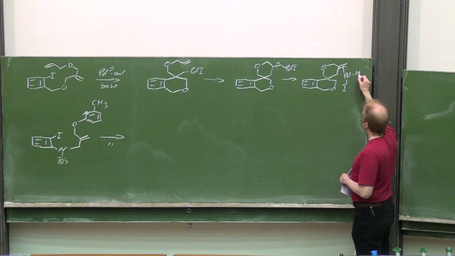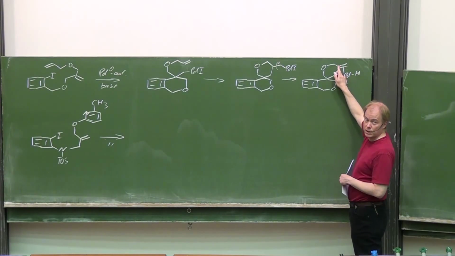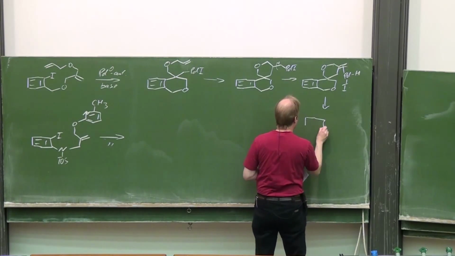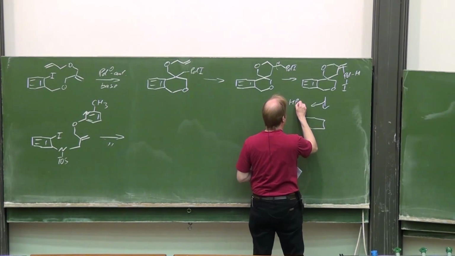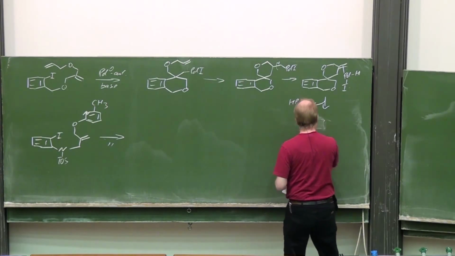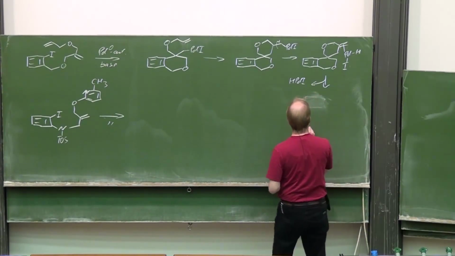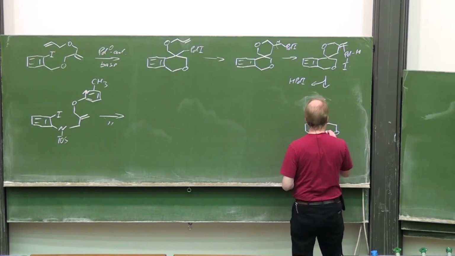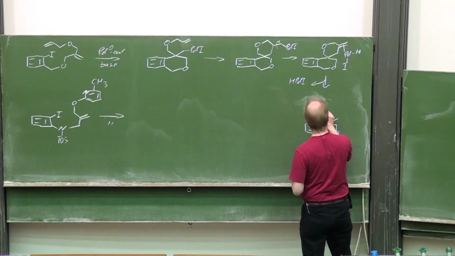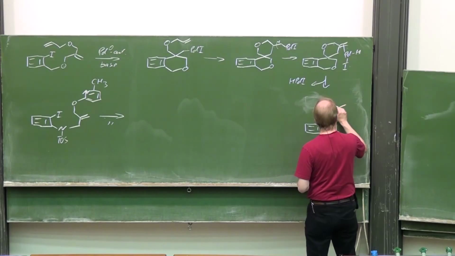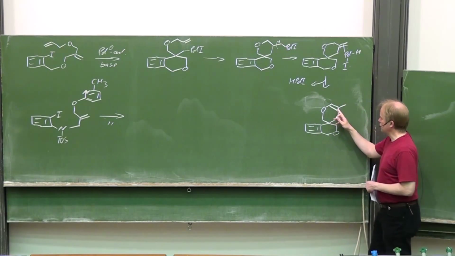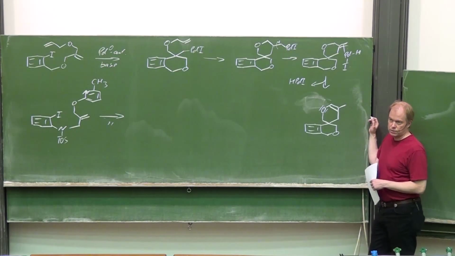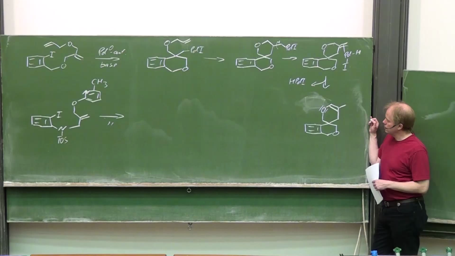So hydrogen, then at that position, palladium here, again beta hydride elimination, and as the final product, the spirocycle with the CC double bond in conjugation to the electron pairs of the oxygen was obtained.